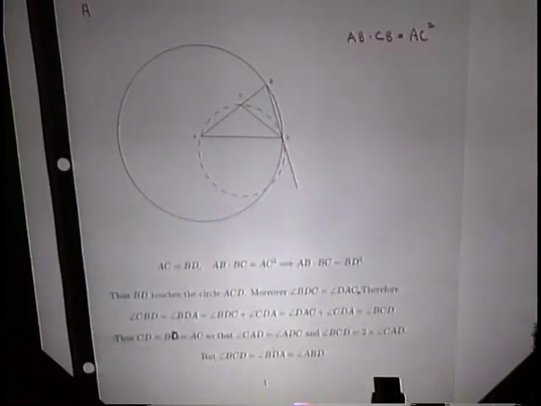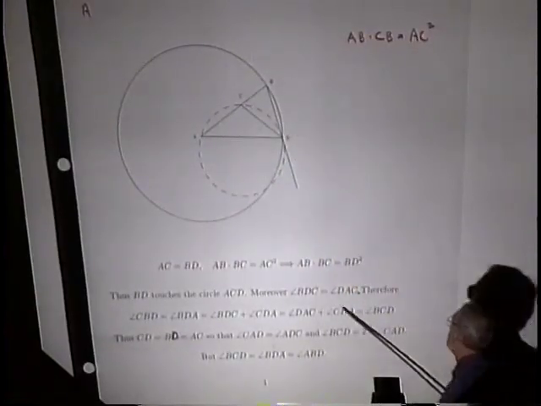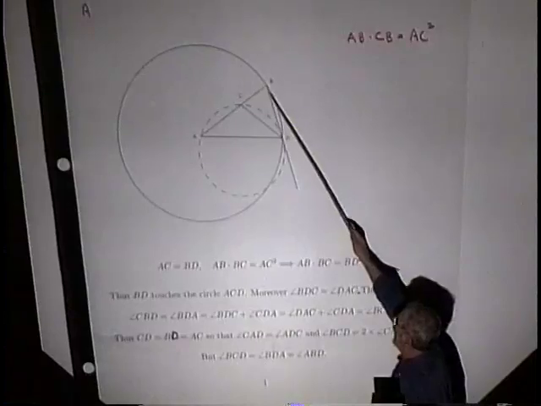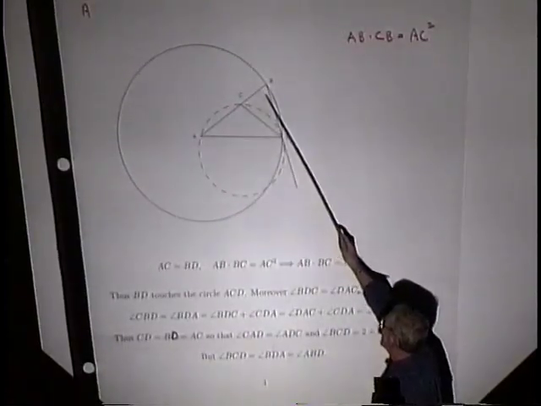Let's just see if we can be clear to ourselves why. CD is equal to BC, CD is equal to, all right, we have to think about that. Oh, yes. CBD, which is this angle, is equal to BCD, which is this angle. That means that these two angles are equal.